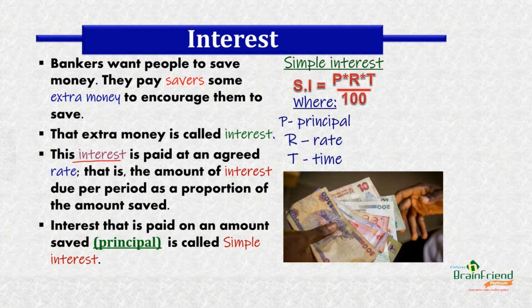Interest is usually paid at an agreed rate, that is the amount of interest due per period as a proportion of the amount saved. So, there are 3 important terms when we are talking about interest: principal, rate, and time. We have a formula that we can use to find out what the simple interest would be on any given amount. That amount is usually called the principal.